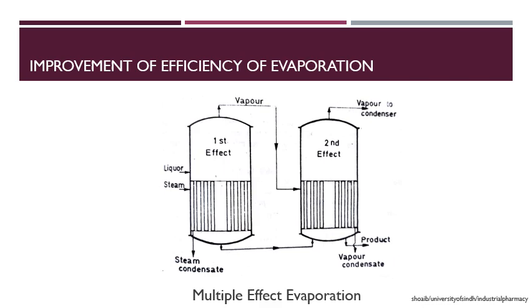Later on, we have seen that we can recover the solvent with evaporating stills, along with the film evaporators or the forced circulation evaporators. And there is also another mechanism through which we can save the cost of the process.